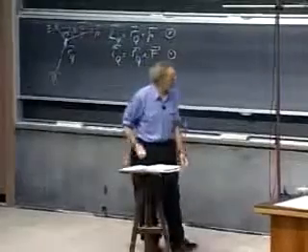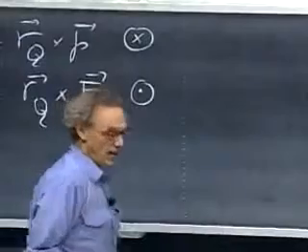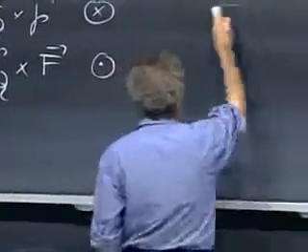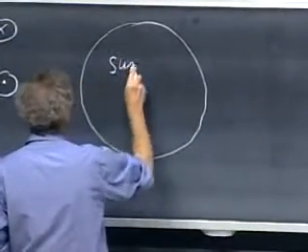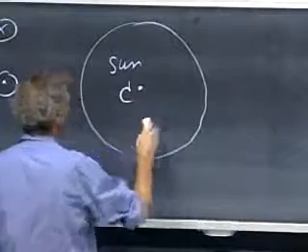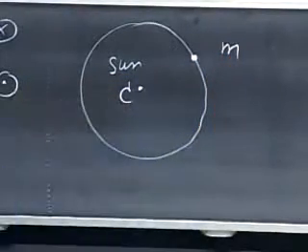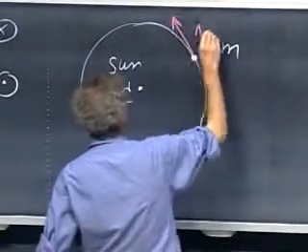So let's start with an example, which I also had last time, whereby we have an object going around the Earth or around the Sun. Let's take the Earth going around the Sun, and this is the location of the Sun, and here is the Earth. It has a mass m, and it's going around with a velocity.